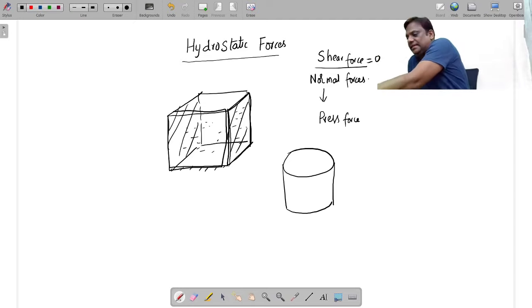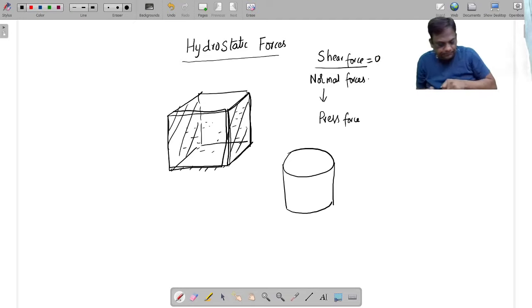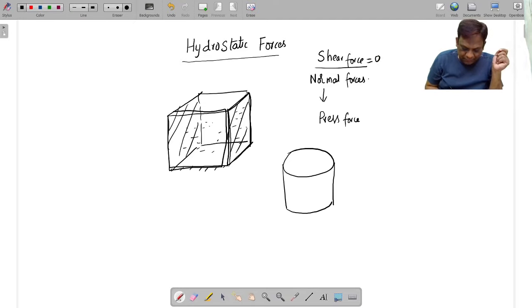So we will divide this into two parts. Hydrostatic forces. First is plane surfaces.